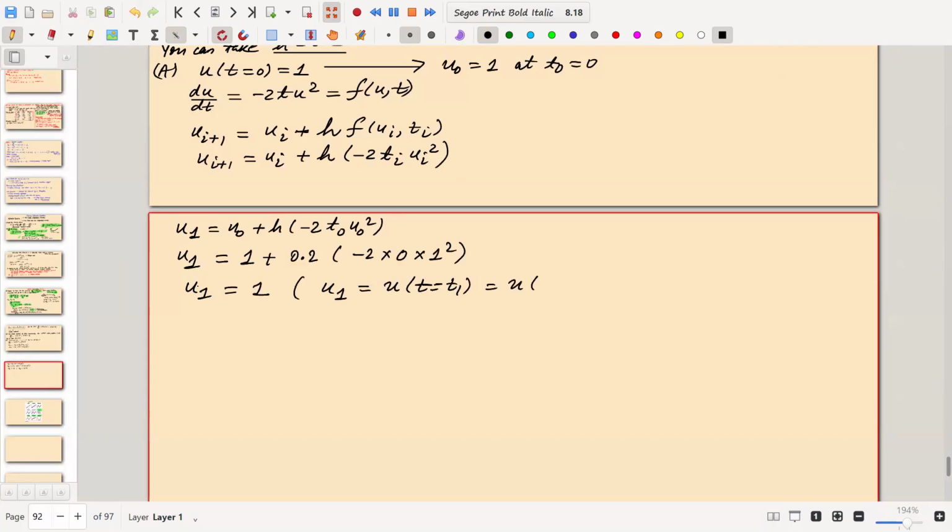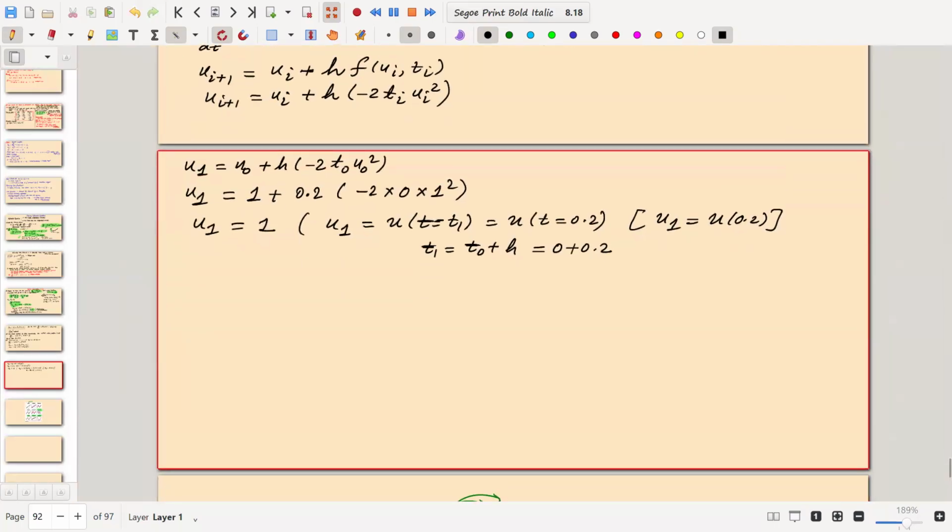What is t1? t1 equals t naught plus h. t naught is 0, h equals 0.2. So u1 is nothing but u at 0.2. Understood? So what is u1 we got? 1. Can you find u2, u3, u4, and so on?